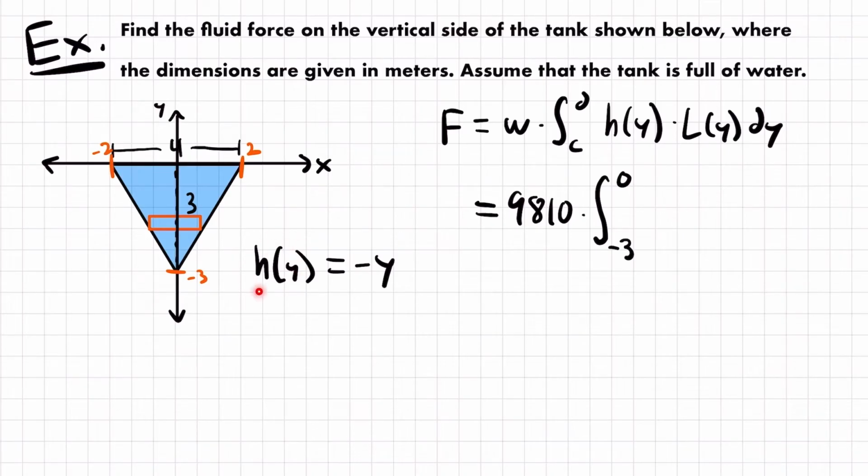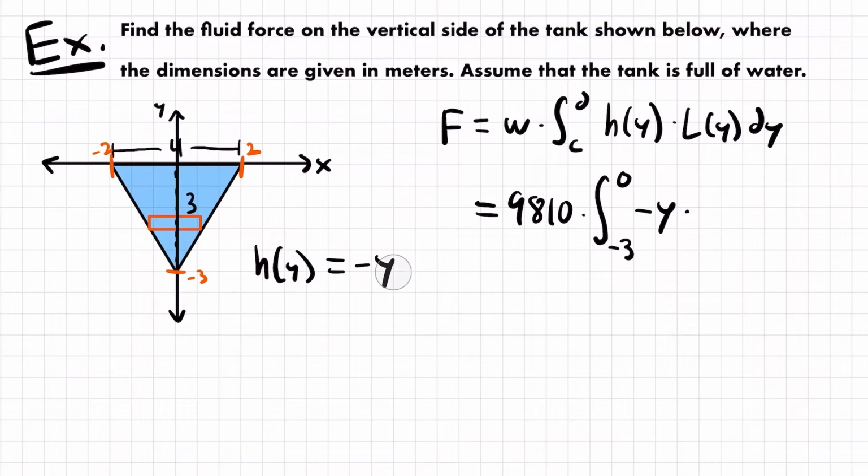So the depth function is equal to negative y when you set the x-axis to be at the surface level of the water. That's the advantage to placing the x-axis at that location. And so I'll put that in our definite integral. We'll have negative y, and that will be multiplied by the length in terms of y.